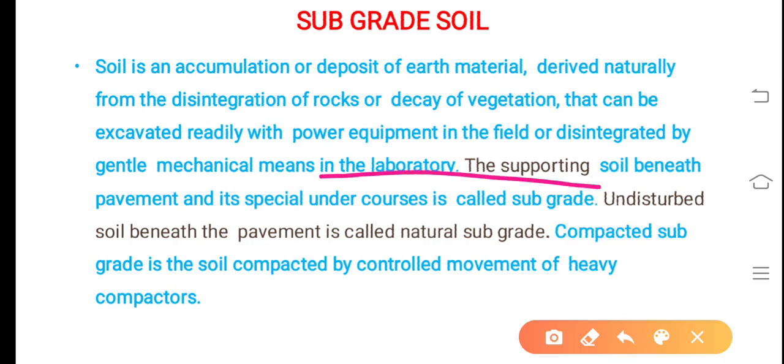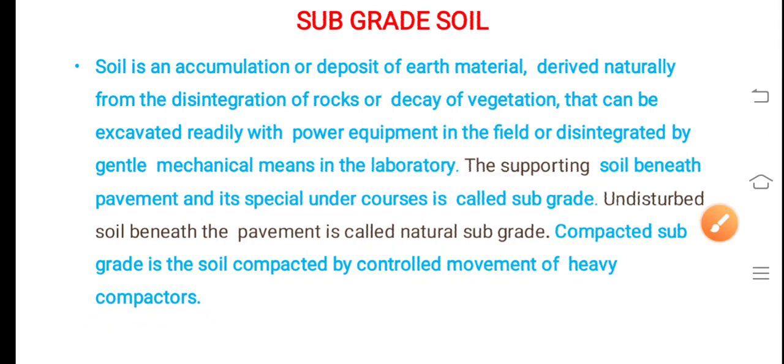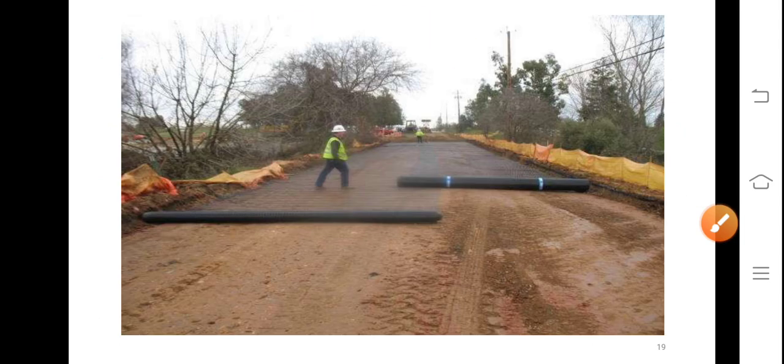The supporting soil beneath the pavement and its special undercourses is called subgrade. Undisturbed soil beneath the pavement is called natural subgrade. Compacted subgrade is the soil compacted by controlled movement of heavy compactors. You see here how they are doing it in the field.